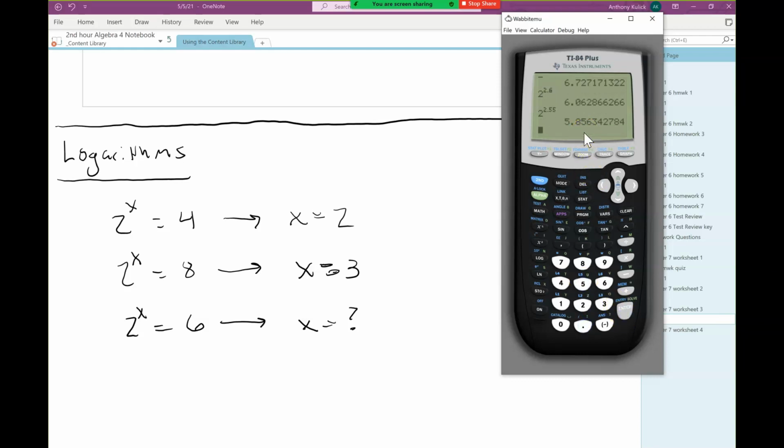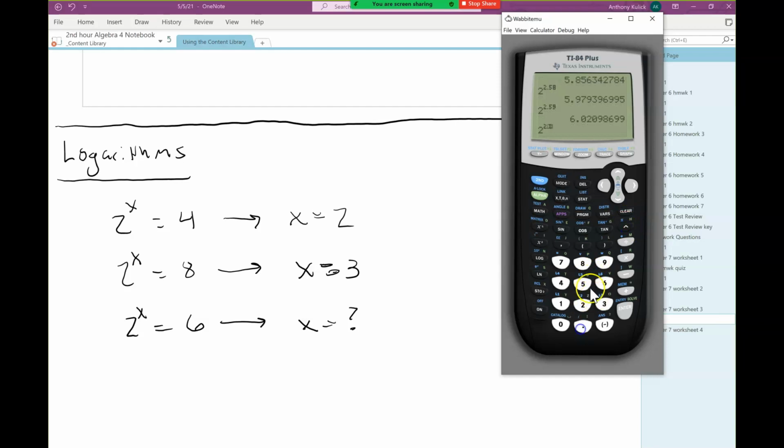Not quite big enough. And we could kind of keep on guessing and checking this, and we'd be able to get more and more decimals. So maybe 2.58, not quite there. But if I go to 2.59, that's too much.